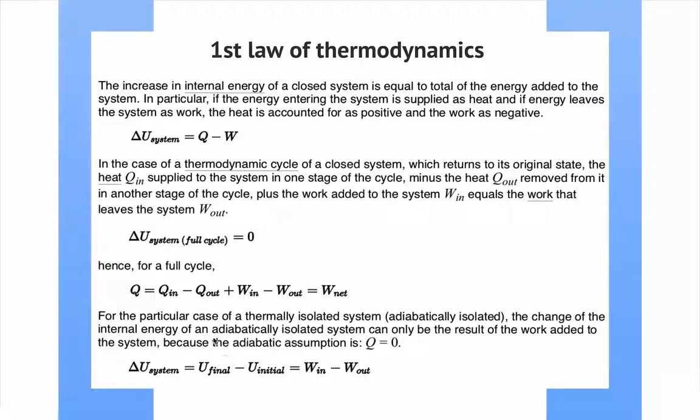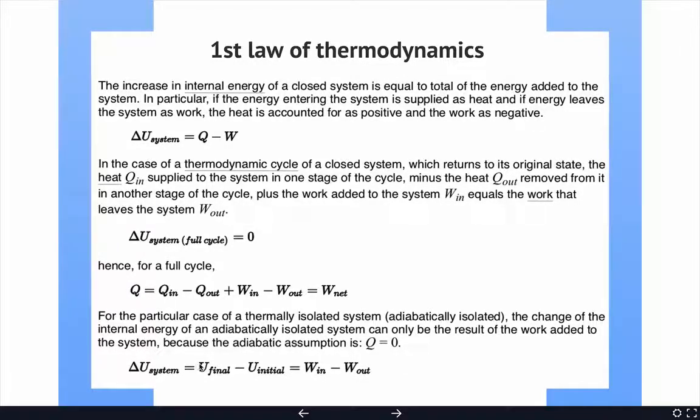The change of internal energy of an adiabatically isolated system can only be the result of the work added to the system, because of the adiabatic assumption Q equals 0. So if Q equals 0, then delta U of the system is U final, internal energy at the end, minus U initial, which is internal energy at the beginning, is W in minus W out. So that's a thermally isolated system.